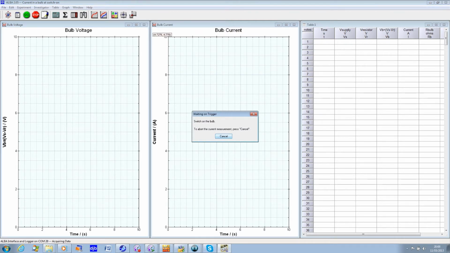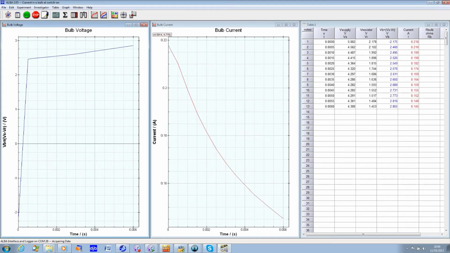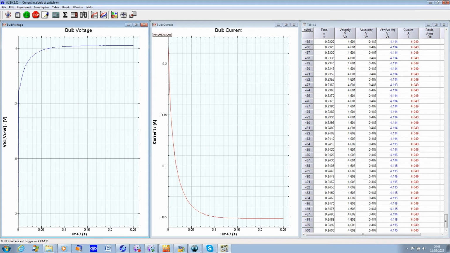Switch on the bulb. So we'll press the switch on the board, and we have 2 graphs. The voltage across the bulb is going up and reaching a steady value. The current through the bulb is going up to over 0.2 of an amp, and it settles out at a steady value of 0.05.